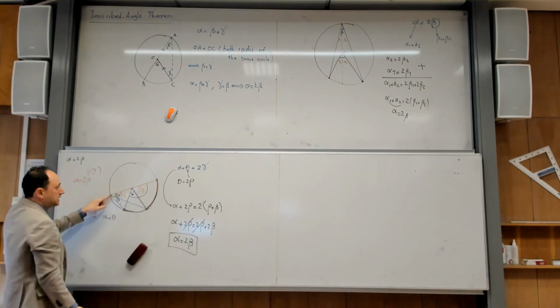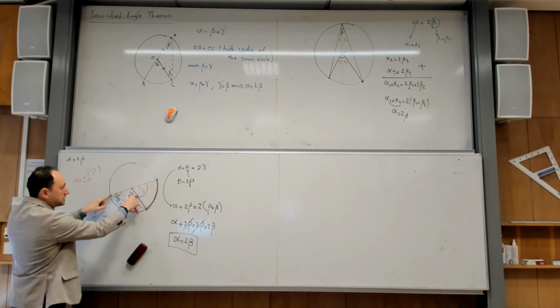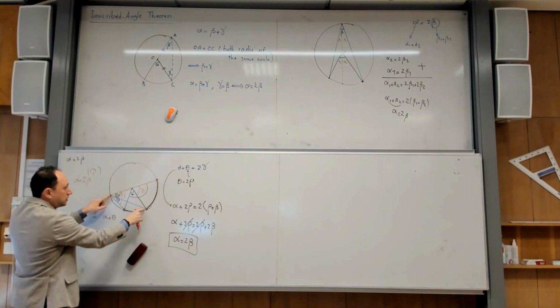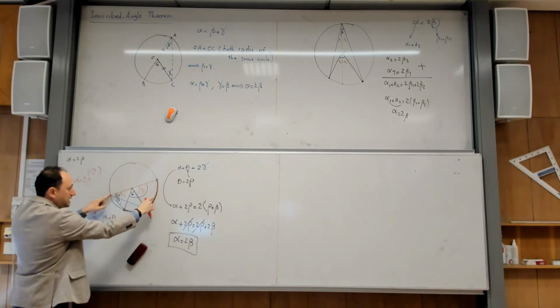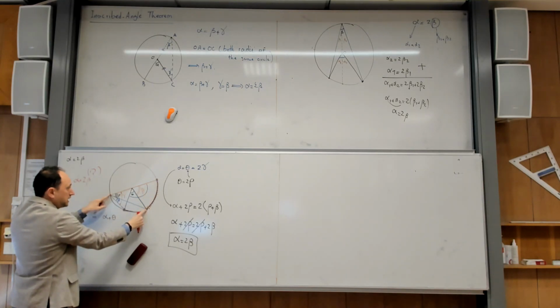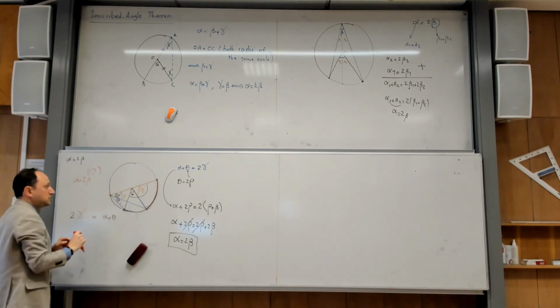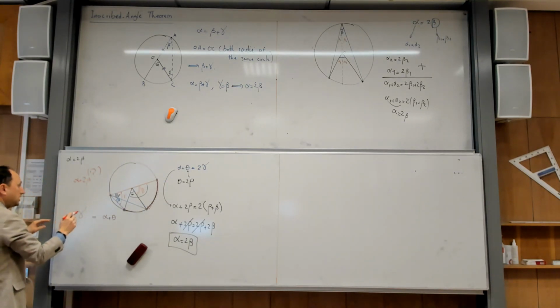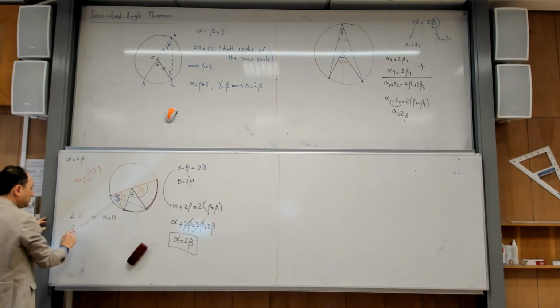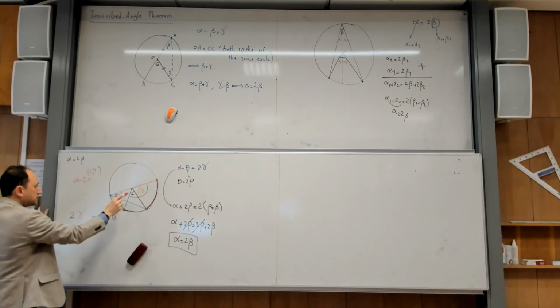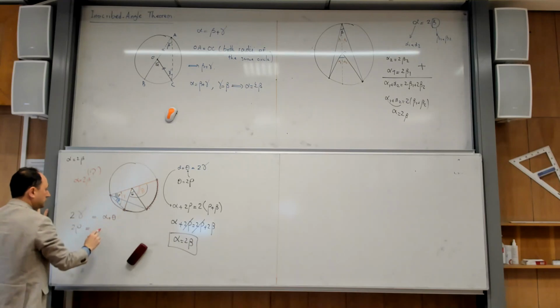Yes? Now, theta itself is also a central angle subtending the same arc up to here. And one leg is the diameter. So again, I can use the same scenario and I can write that 2 rho is equal to what? 2 rho is equal to theta.